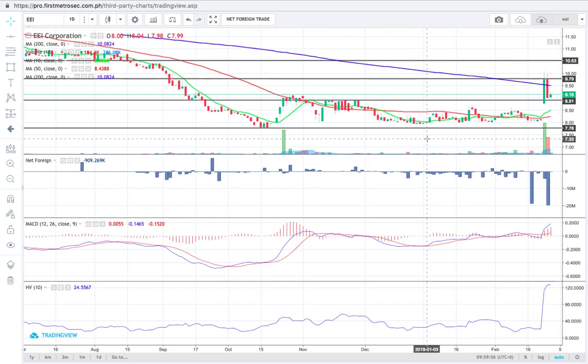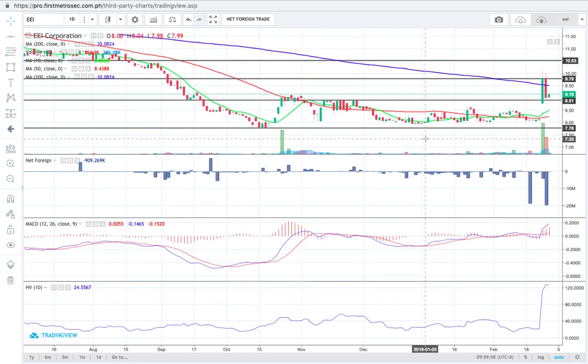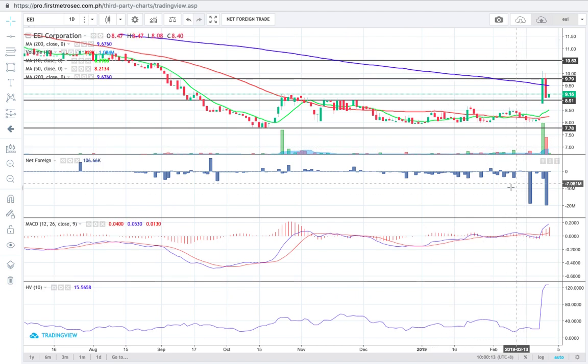Why not 12 or 11? Well, 10-day moving average for me is like two weeks worth of trading. 5 trading days in a week, so two weeks you get 10 days. Simple arithmetic, right? Okay. So my overall sentiment on EEI is neutral.